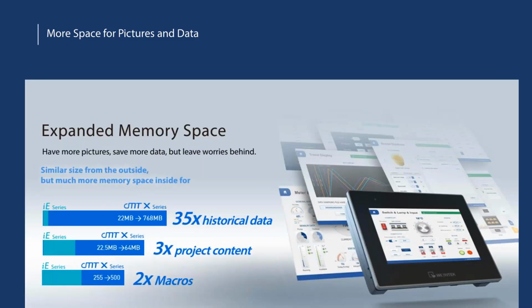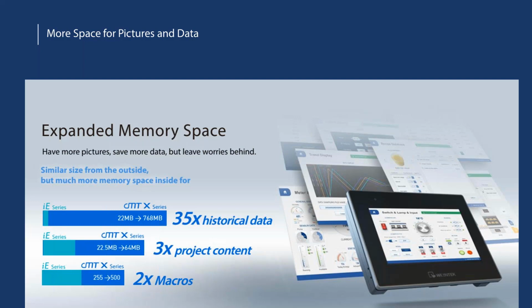Let's talk about the memory space. In the cMTX series, there is also a large memory space: 4 gigabytes of flash memory and 1 gigabyte of RAM.